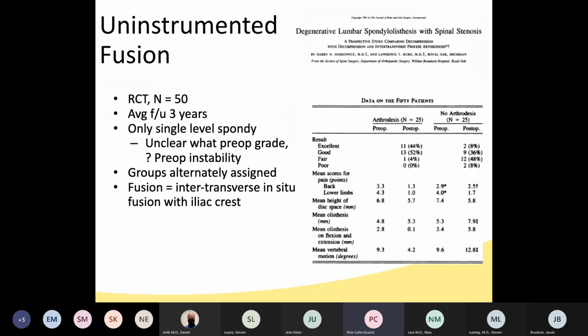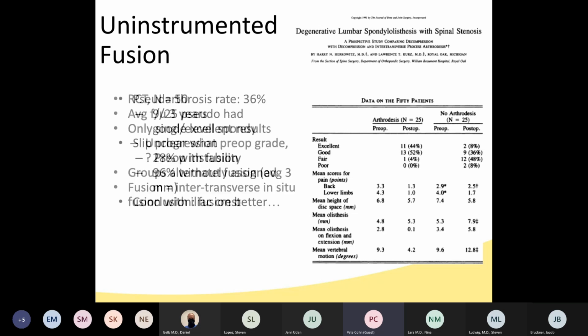And now if we're talking about fusion, and we have some parameters suggesting these patients would do better with the fusion, how did they do? This was another paper, by Herkowitz, that also looked at fusion versus not. It is a randomized controlled trial with 3-year follow-up on single-level spondylolisthesis. Unclear exactly how the spondylolisthesis was graded preoperatively, but the groups were alternately assigned either an uninstrumented fusion or no fusion.